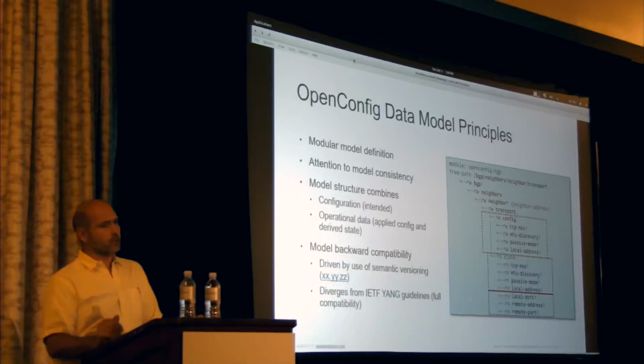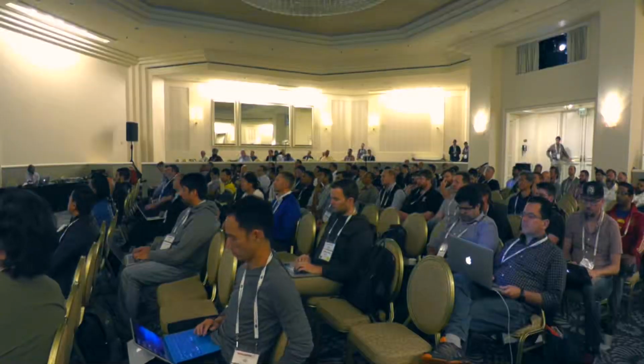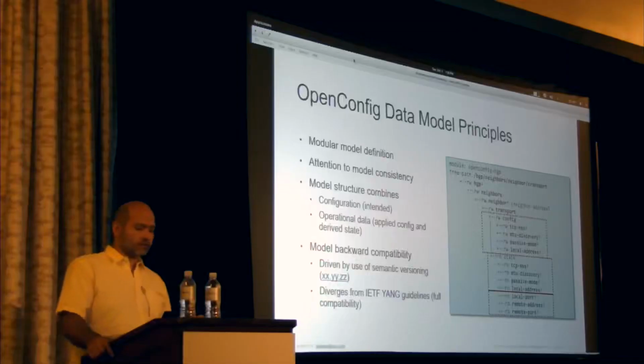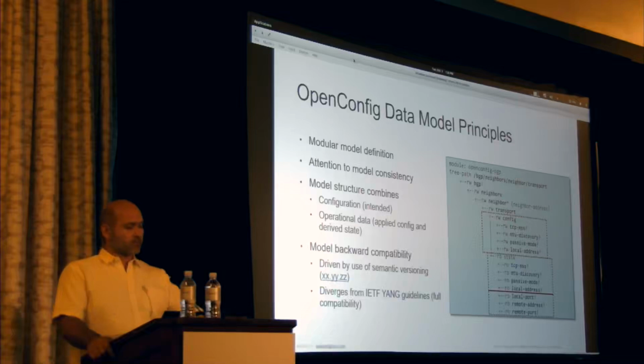They go one step further in differentiating the operational data. In Yang, a node or a piece of data is either config or operational. In the case of OpenConfig, they try to differentiate between applied config and derived state. So you have the config, which is traditionally the intended configuration on the device.